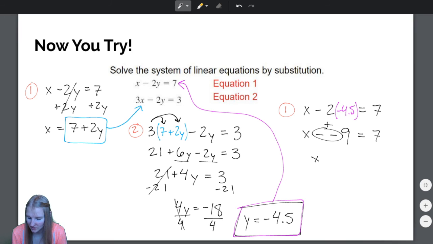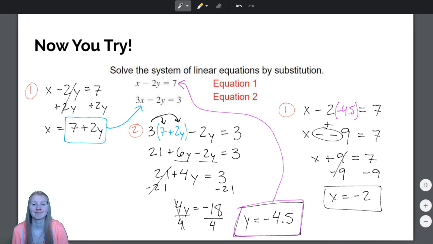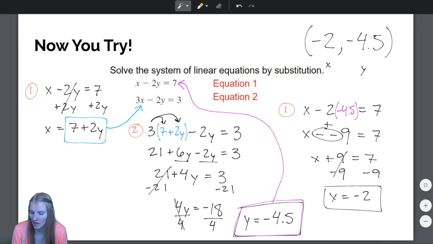So we have x plus 9 equals 7. Subtract 9 on both sides, and we get x equals negative 2. Ta-da! So our final answer is going to be negative 2 comma negative 4.5. X comma y.